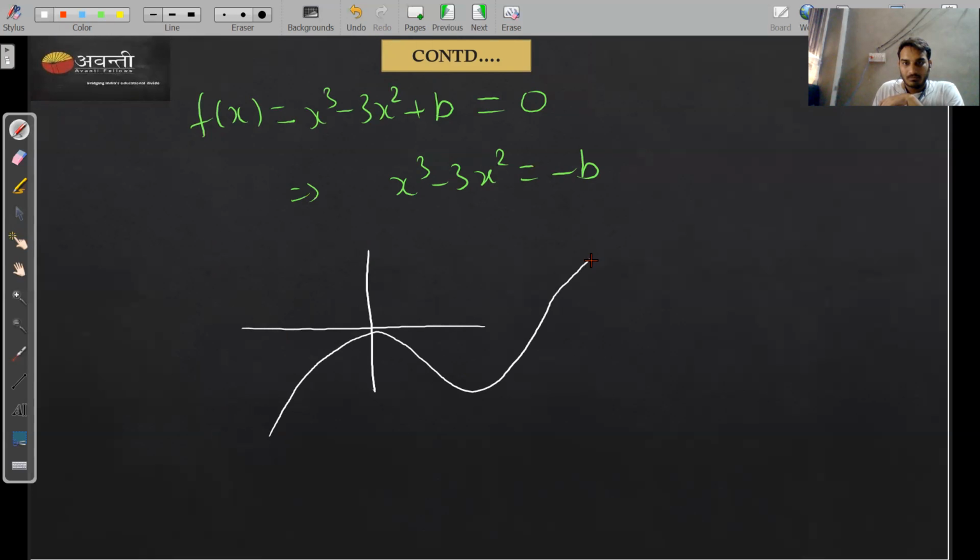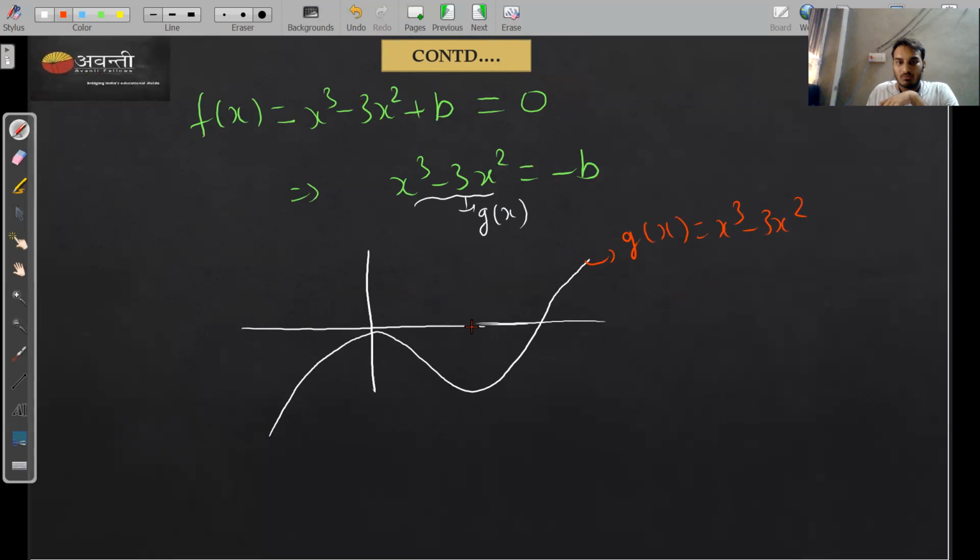Okay, and I'm denoting this as g of x. Okay, let's say this is g of x. Okay, now see, this is the graph of g of x, yes or no, which is x cube minus 3x square.